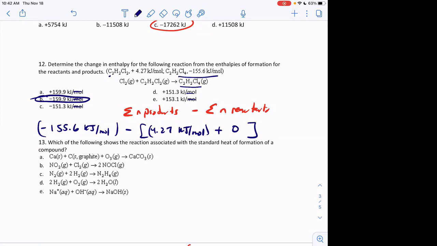13. Which of the following shows the reaction associated with the standard heat of formation of a compound? Anybody?